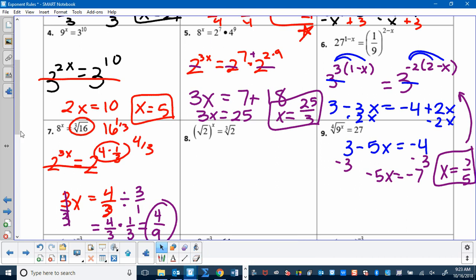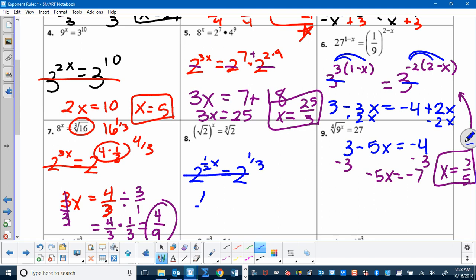All right, what are you doing for number 8? Wait, this is kind of easy. Your bases are the same, aren't they? Yeah, so I don't have to change anybody. I'm just going to make things into fractions. So what's the square root the same as? What power? 1/2, copy down the x. What's the cube root the same as? 1/3.